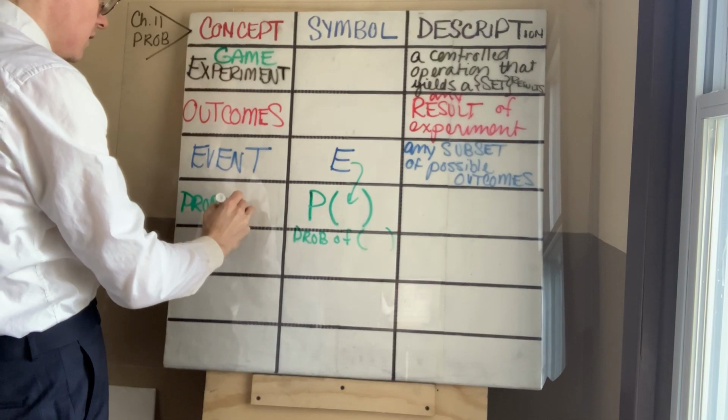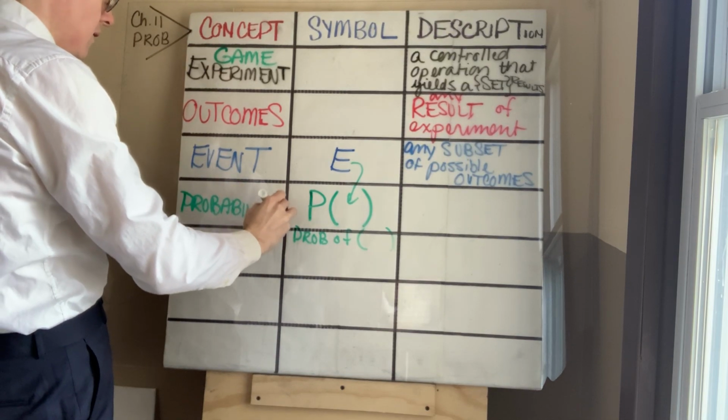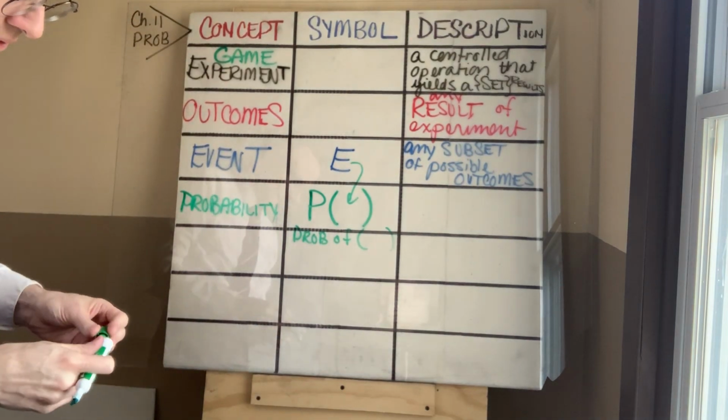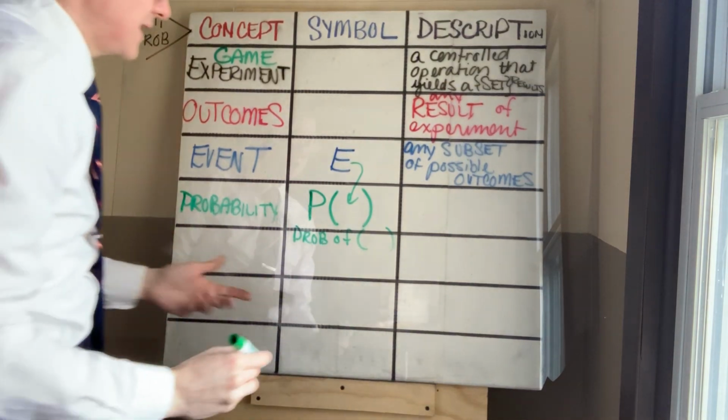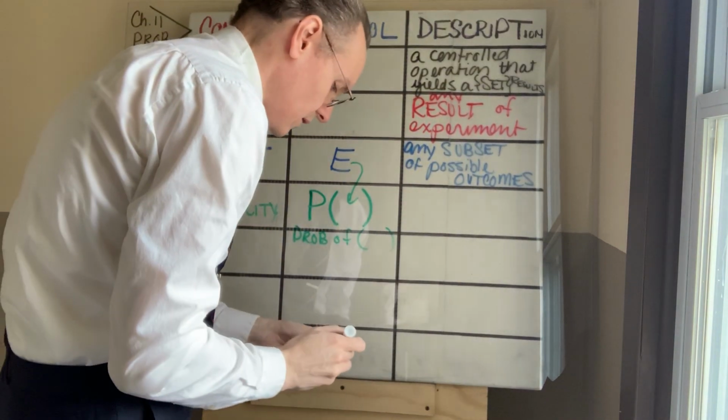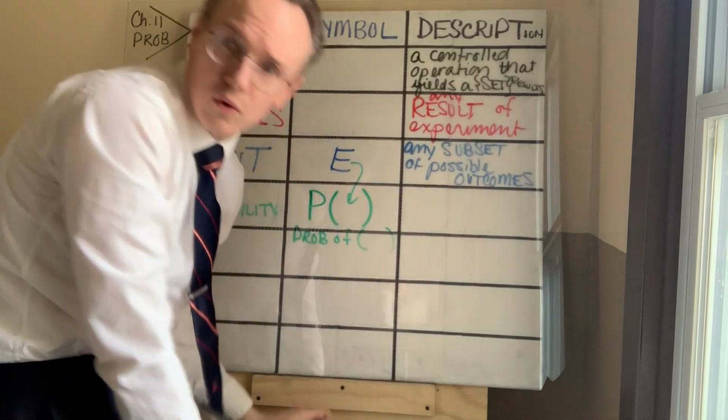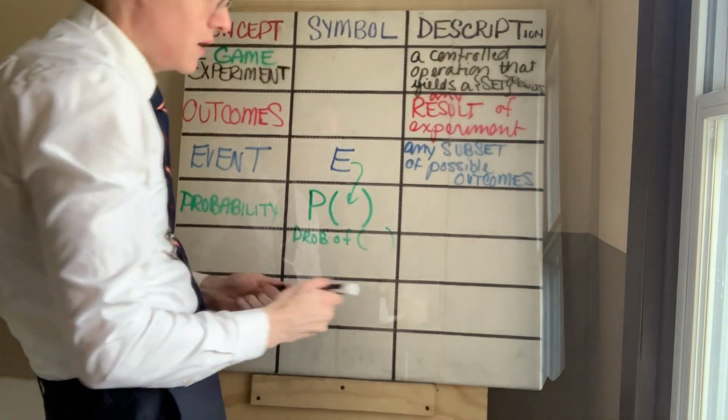Probability. It's basically a number. Can you see it? All right.